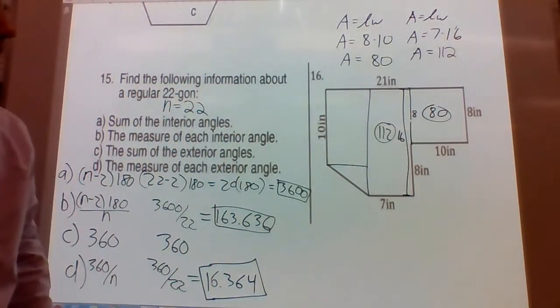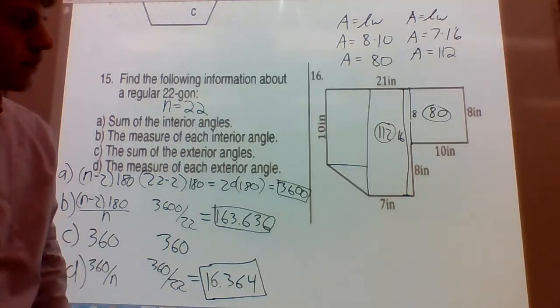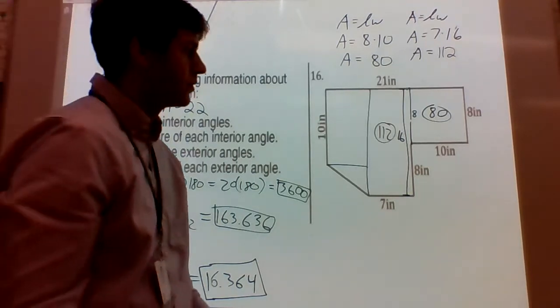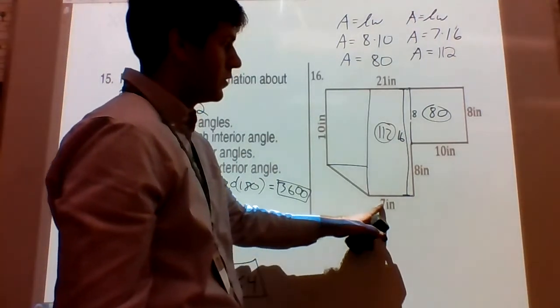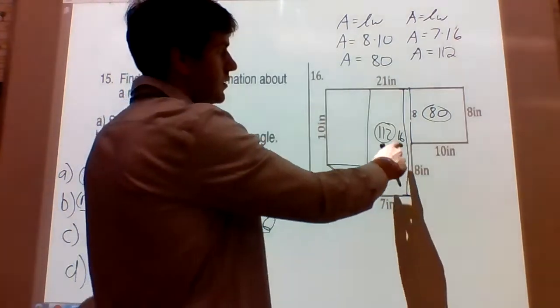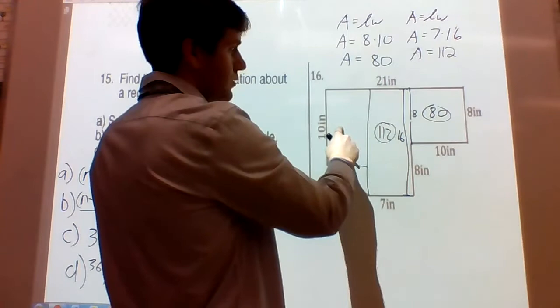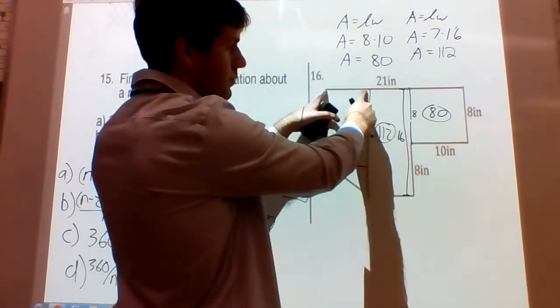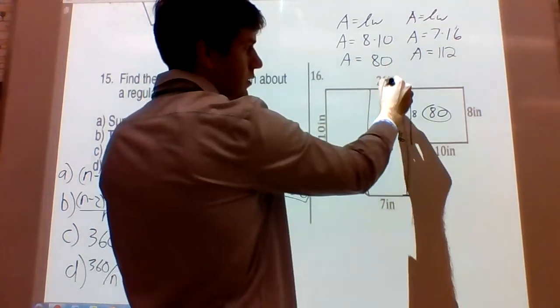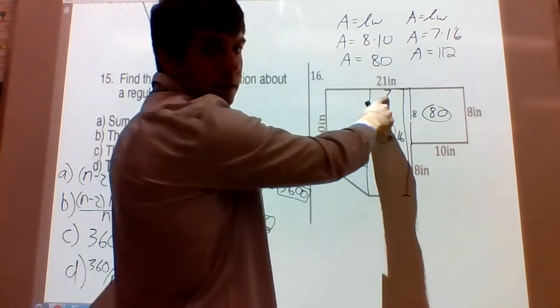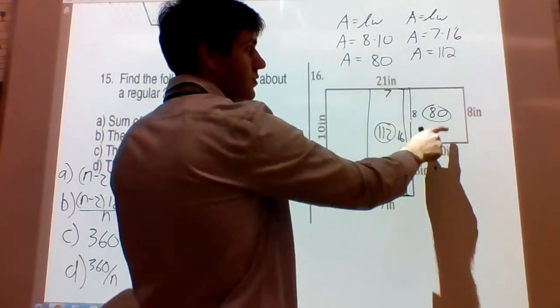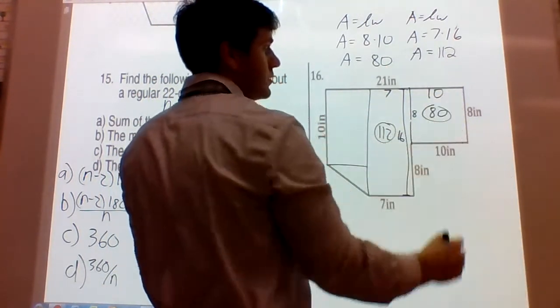Okay. Let's do this one first. So this is 10. We've got to find this piece. So if this is 7, we know its opposite side is 7. If this is 10, the opposite side is 10.